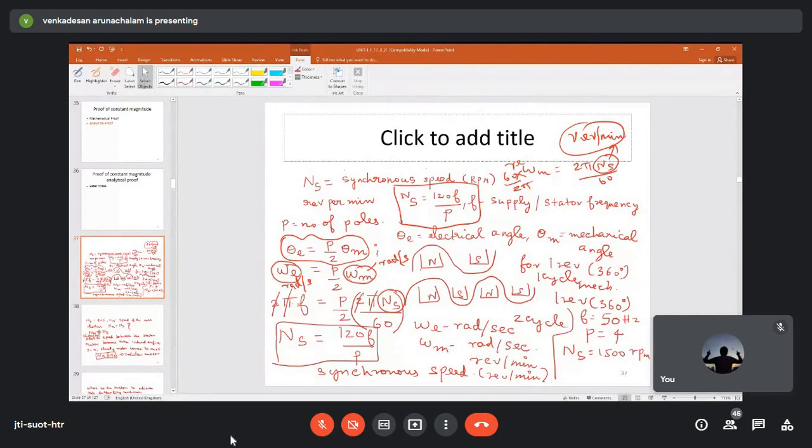But what is making the rotor speed become lesser than the synchronous speed? See, you cannot make the rotor speed similar to the synchronous speed. If you do that, after some period of time, the rotor will stop rotating. But naturally, what makes the rotor speed become lesser than the synchronous speed? Are you understanding my question? Are we maintaining the rotor speed lesser than the synchronous speed? No. Naturally, it is happening.